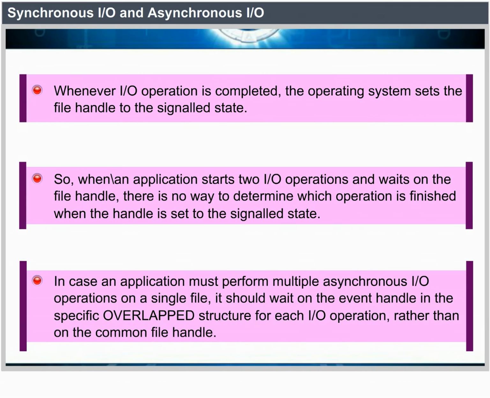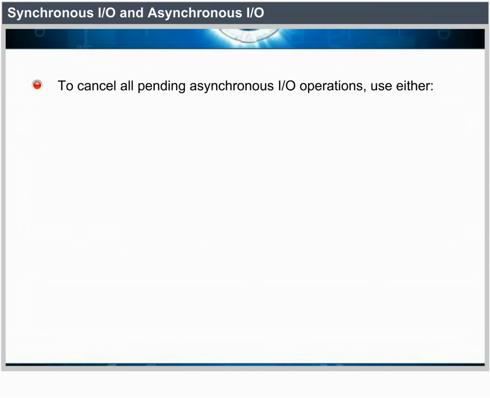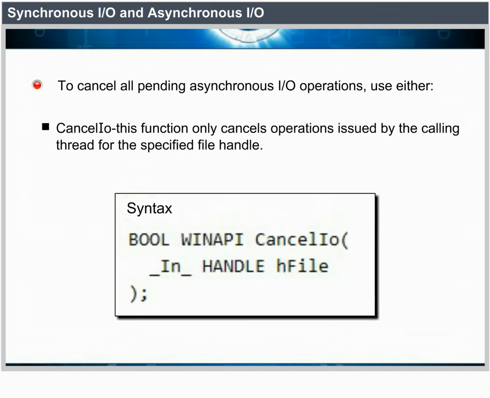To cancel all pending asynchronous input-output operations, use either CancelIo. This function only cancels operations issued by the calling thread for the specified file handle. Or CancelIoEx. This function cancels all operations issued by the threads for the specified file handle.